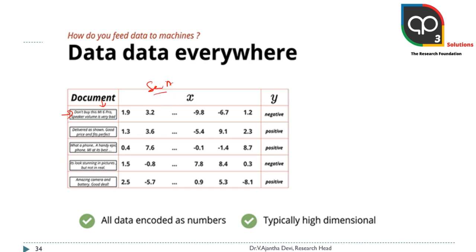Whether the reviewer is saying something positive about the product, or something negative about it. So here again, remember that you need this x input and y output, where your x is the document and your y is the output marked or labeled by a human. And I have a lot of such data.